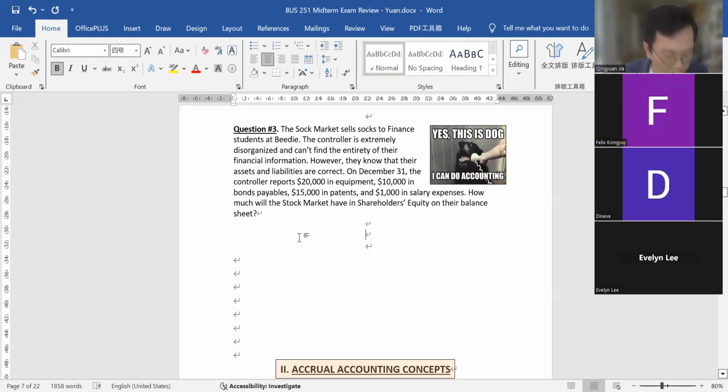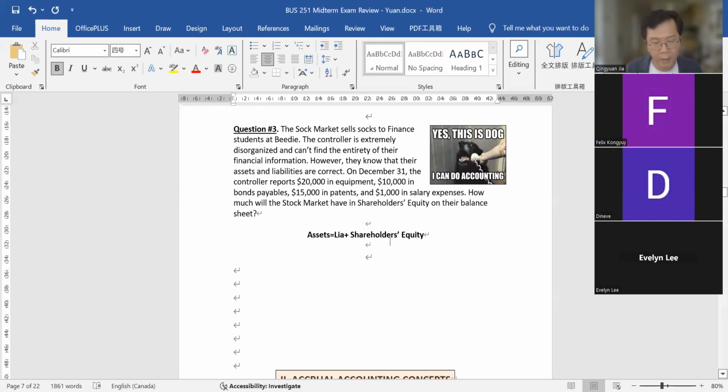So first of all, I recommend you put the fundamental equation here: Assets equals liabilities plus shareholders' equity. You put this equation here to remind you, in case you make some mistake.